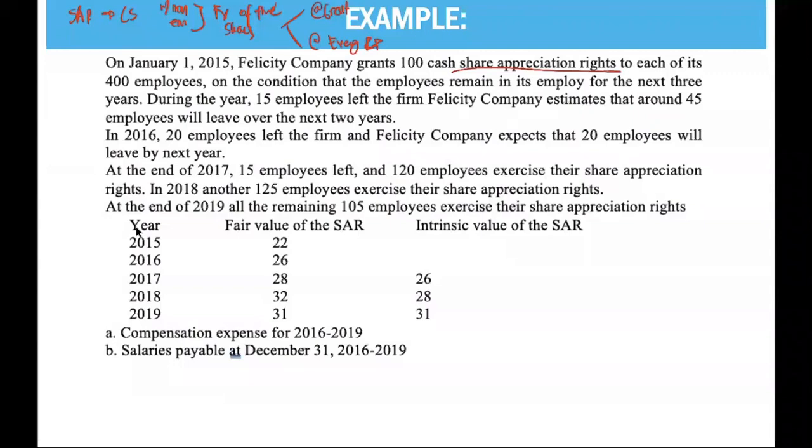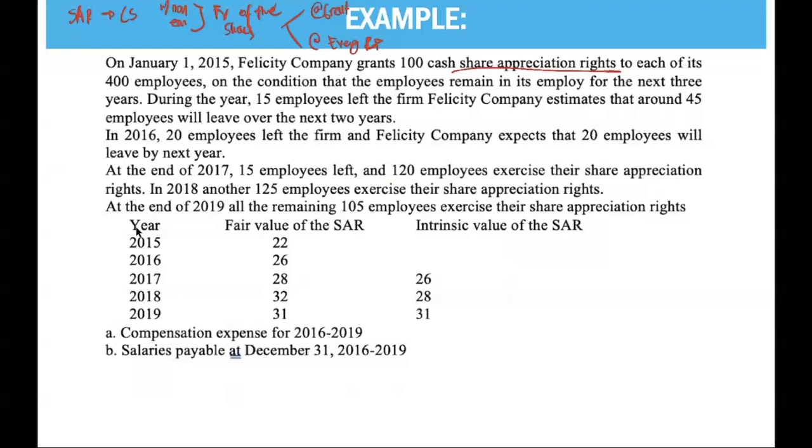In 2016, 20 employees left, and Felicity expects that 20 employees will leave by next year. At the end of 2017, 15 employees left and 120 employees exercised their share appreciation rights. In 2018, another 125 employees exercised their rights. At the end of 2019, all the remaining 105 employees exercised their rights.